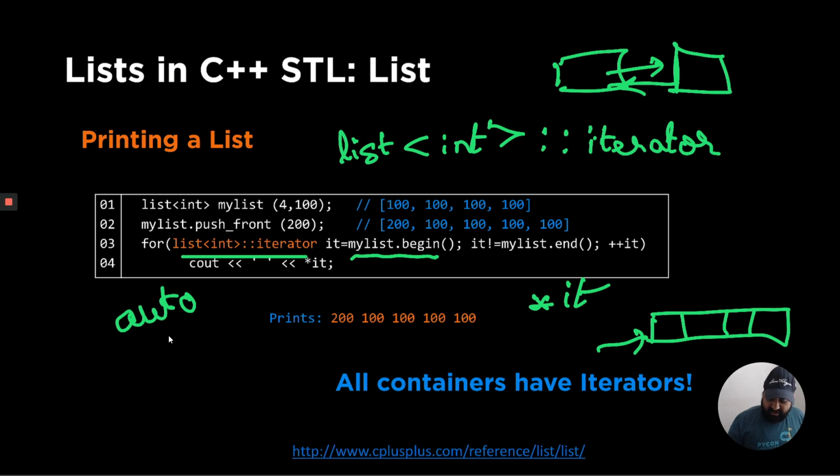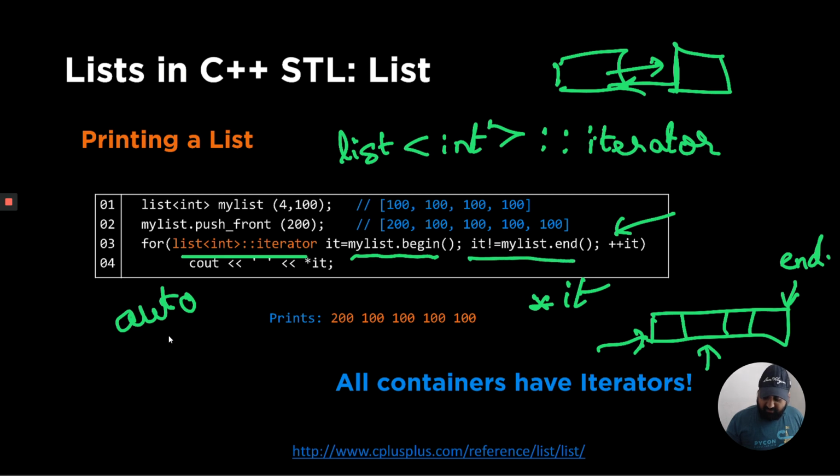The mylist.end function gives you an iterator to the last element. All of this is useful because you don't want to deal with all the pointer operations, or you want to abstract the details of how you are traversing a list. Next, you can increment the iterator by using the plus plus operator, so from this position you can go to the next one, and so on.